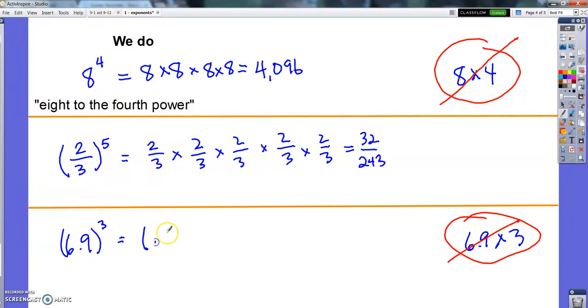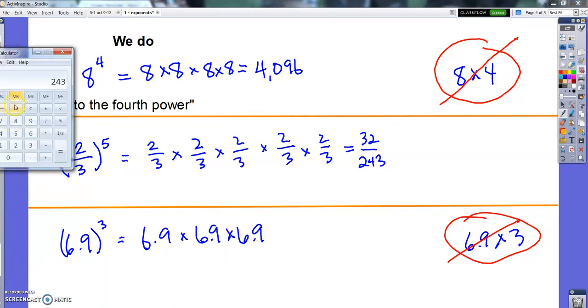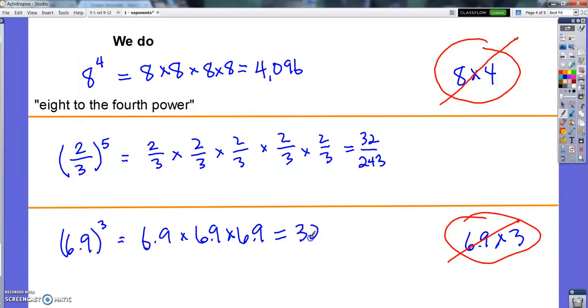That is 6 9/10 times 6 9/10 times 6 9/10, which is 328 and 509 thousandths. There you go.